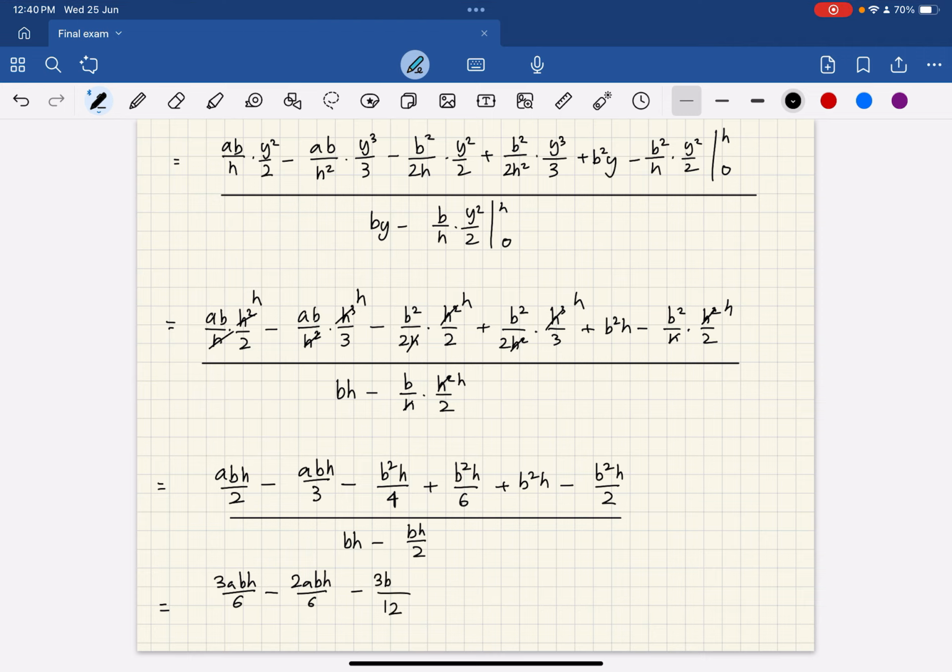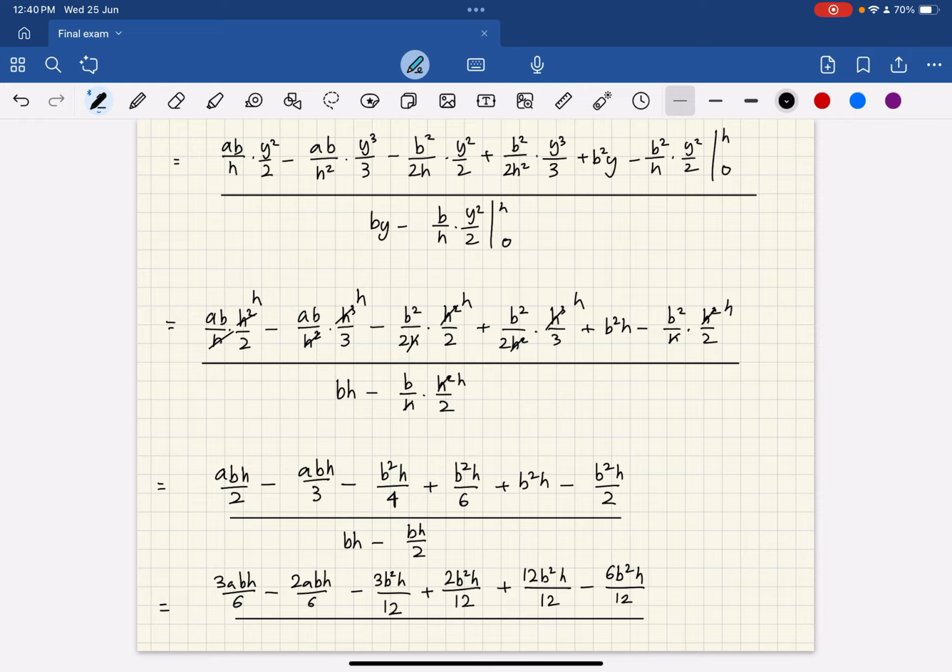So 3b squared h, minus 2b squared h over 12, plus 12b squared h over 12, minus 6b squared h over 12. And the bottom part, BH minus BH over 2, is clearly just BH over 2.